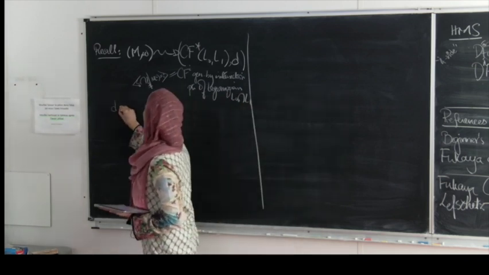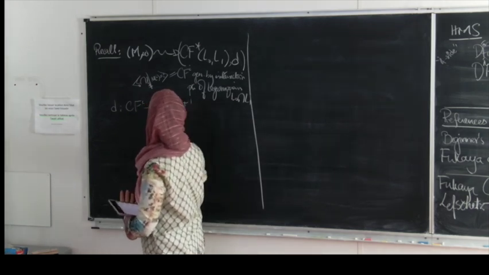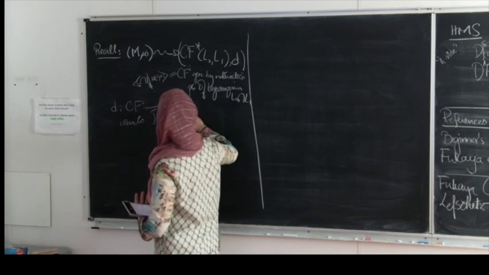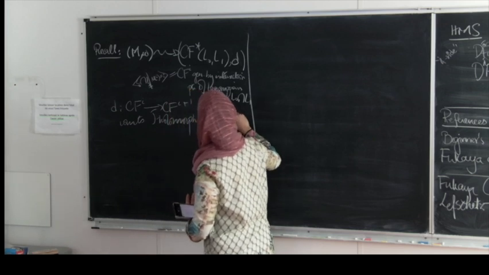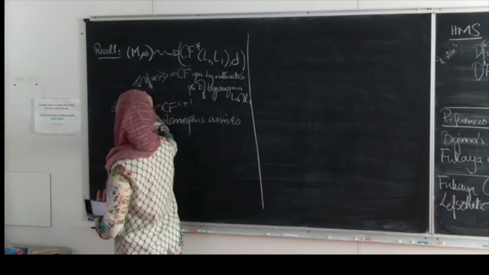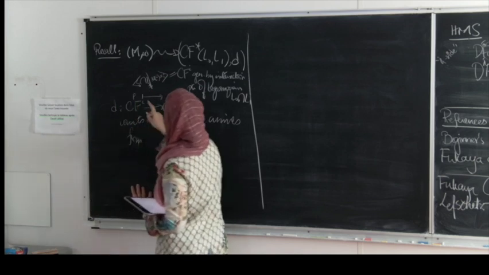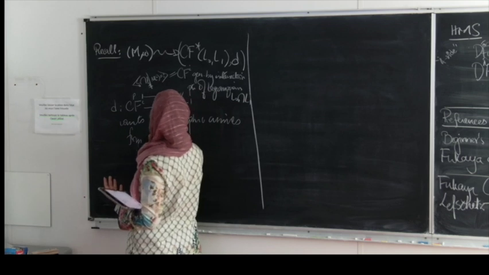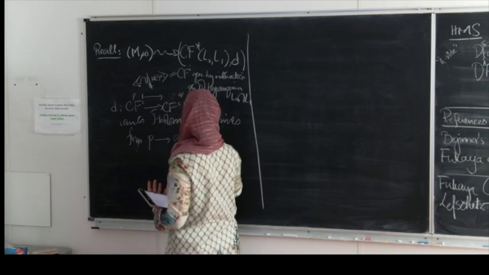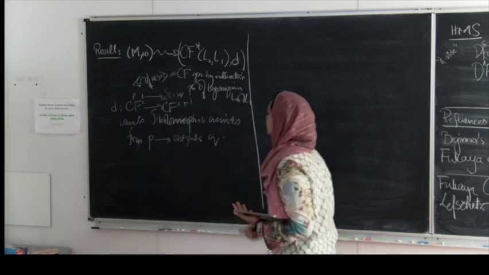Then we said that you have a differential that goes from CF^i to CF^(i+1), which counts J-holomorphic curves from P to Q, in fact all curves from P to all candidate output points Q, with a coefficient.